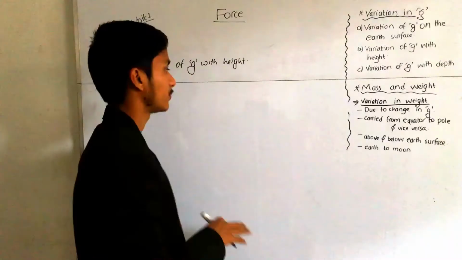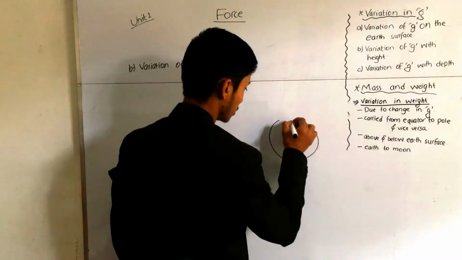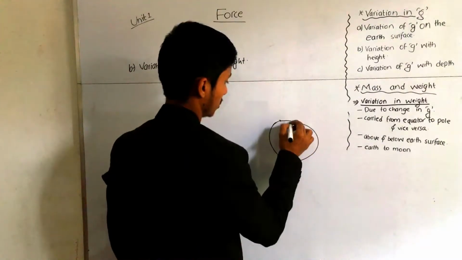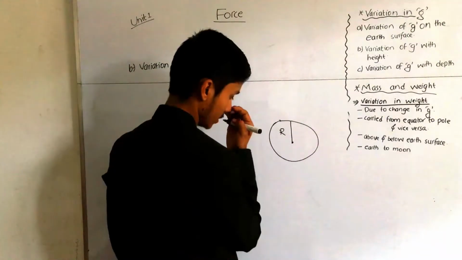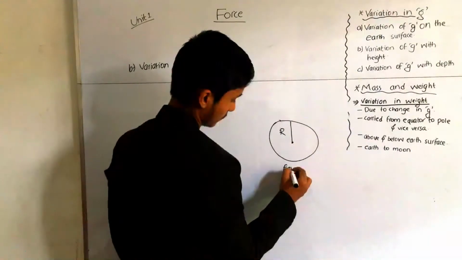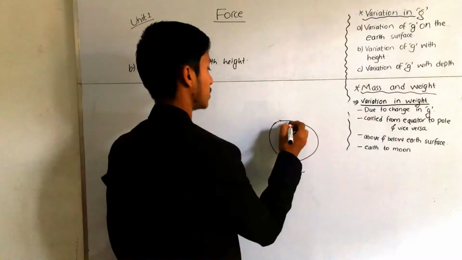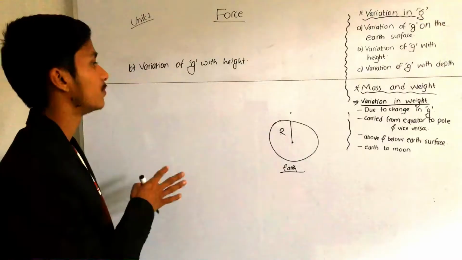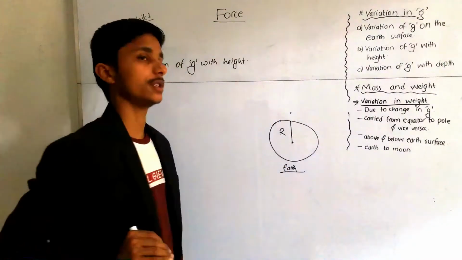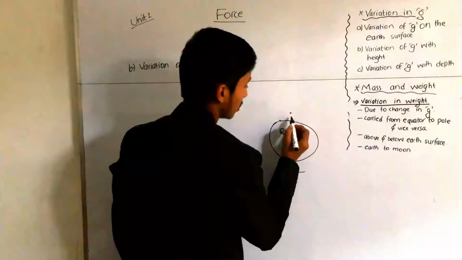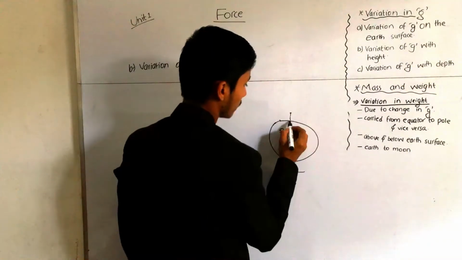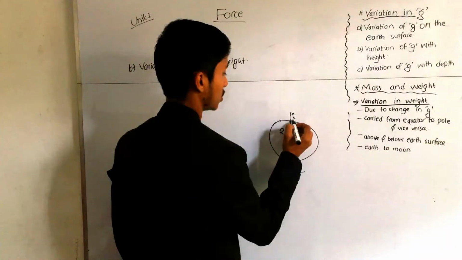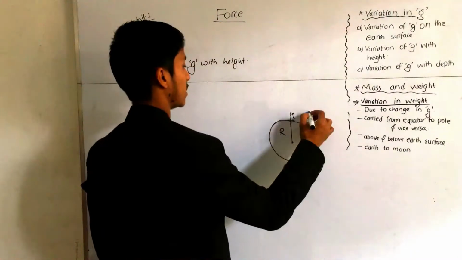As we know, let me draw the figure. Suppose this is earth, and this is the radius of the earth. If the object is placed over here, then you are asked to find the acceleration due to gravity at that place. Therefore, the object is placed at a certain height from the earth's surface. Let this height be h.